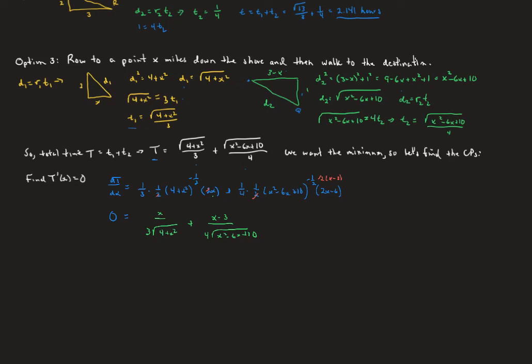Well, this is a crazy tough problem. Remember, this is our t prime function. But let's just use our calculator here. So we can enter all of this stuff into our calculator as y sub 1, and we can just try to find the 0. Where is that equal to 0? And so we can set our x min and x max.